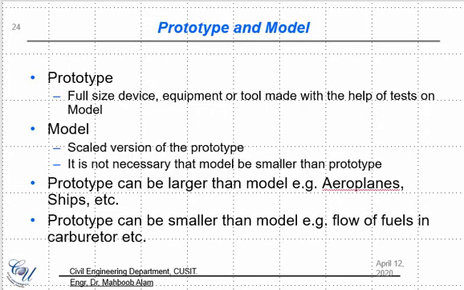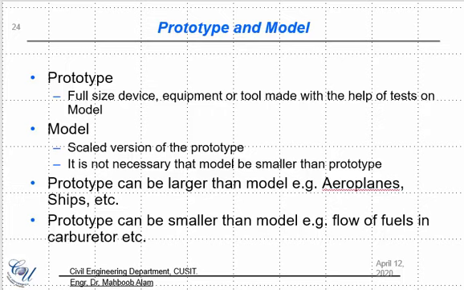Now when we are making a model of it, of course we would be making a model which is far bigger than the actual car size. So we might make a model which is bigger than the actual prototype, or we might make a model which is very small than the actual prototype. For example, if you are making a model of a river or of a canal, it is usually of hundreds of kilometers of length.